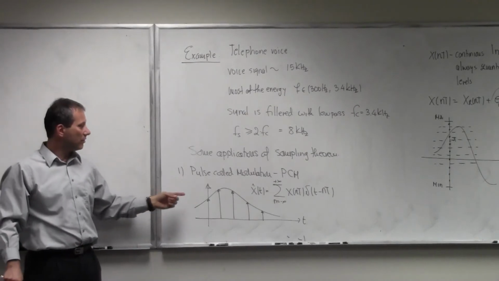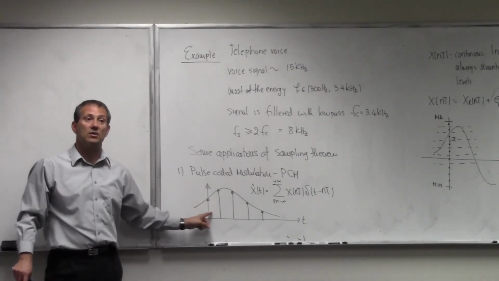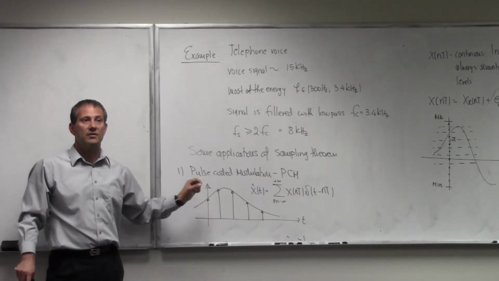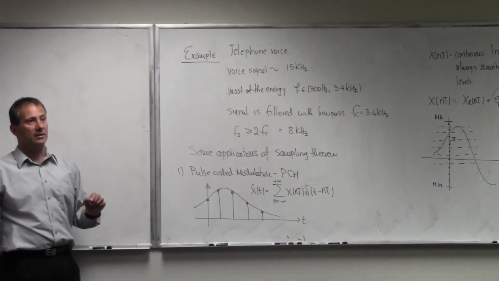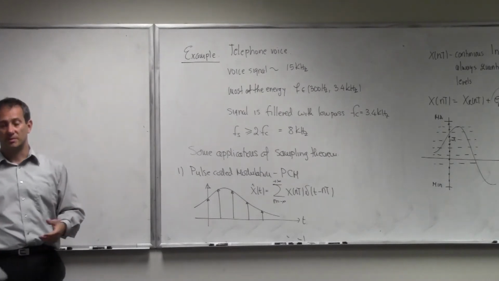So in voice, I'm sampling at 8 kilohertz, so 8 kilosamples per second. Every sample is worth 8 bits. So what is my net bit rate in voice? It's 64 kilobits per second.